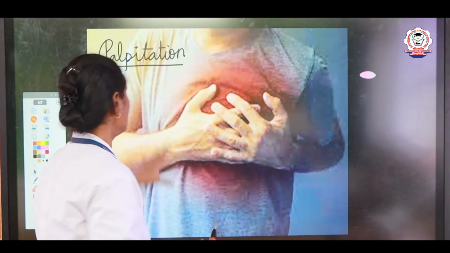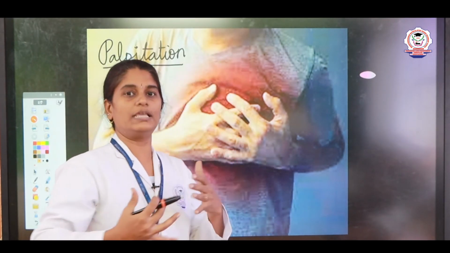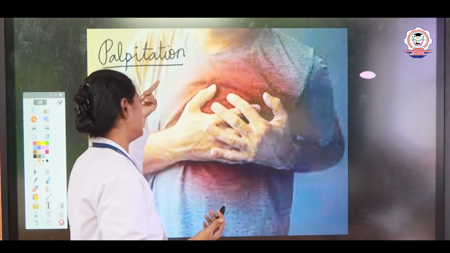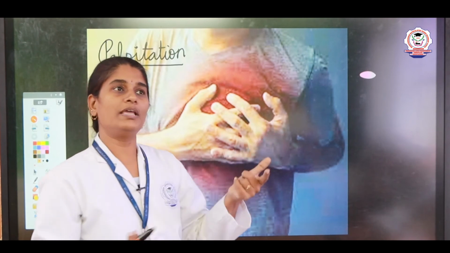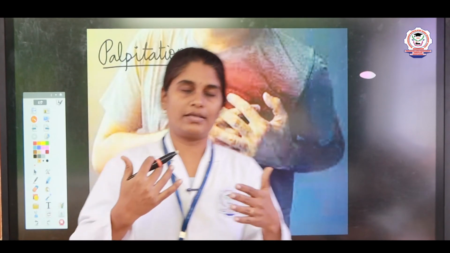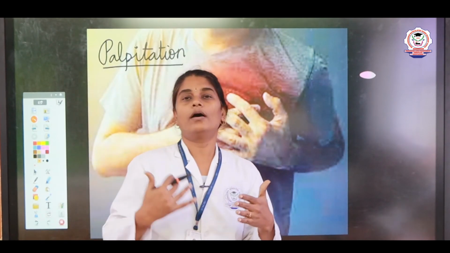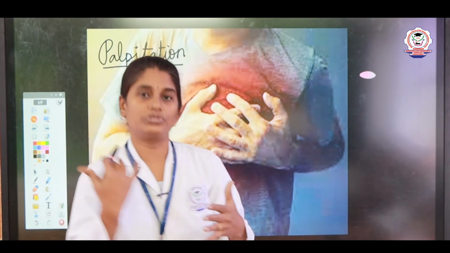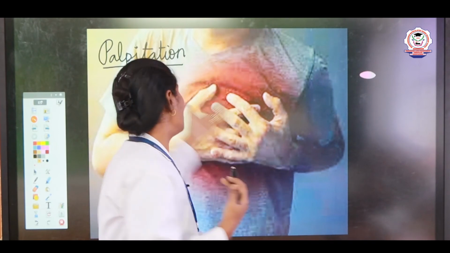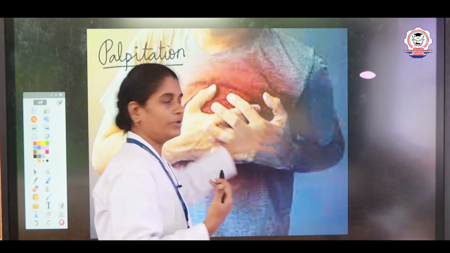When the heart suddenly beats forcefully and fast, we call it palpitation. Usually palpitation occurs during exercise or due to stress.